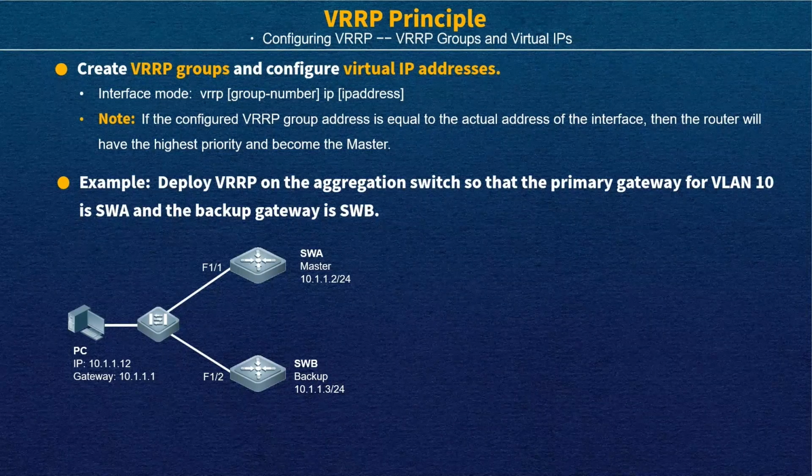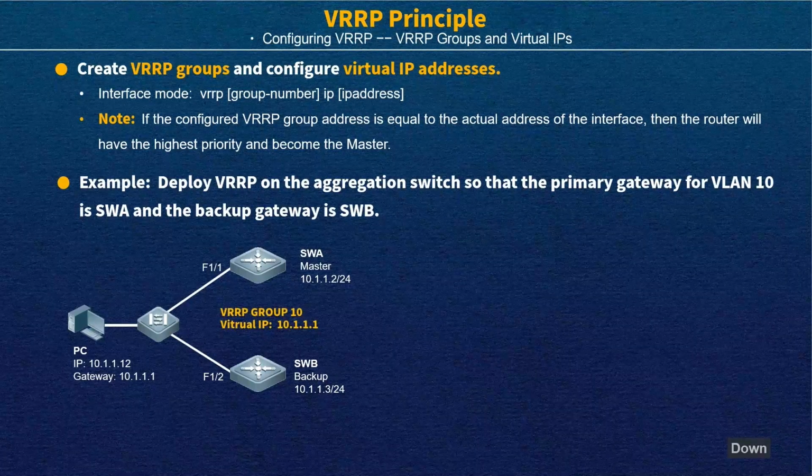Switch A's IP address is 10.1.1.2/24, and switch B's IP address is 10.1.1.3/24. And now we hope switch A can be the master in the VRRP group.